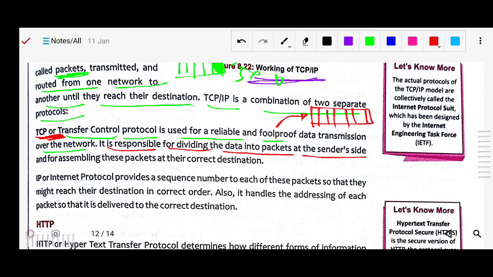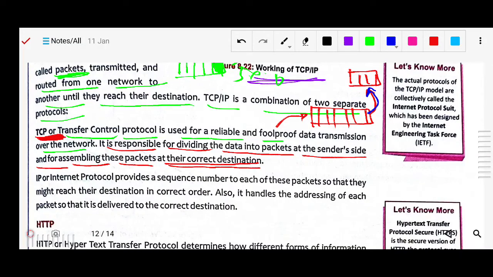At the sender's site, it divides the data, and assembles these packets at the correct destination. TCP has this responsibility. Until the data reaches the destination, it is taken care of by TCP.